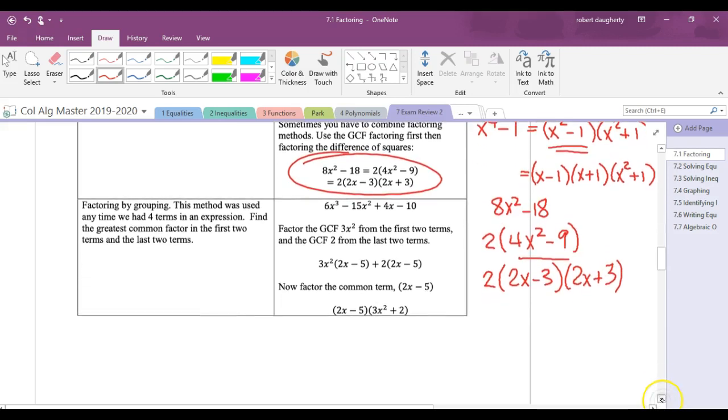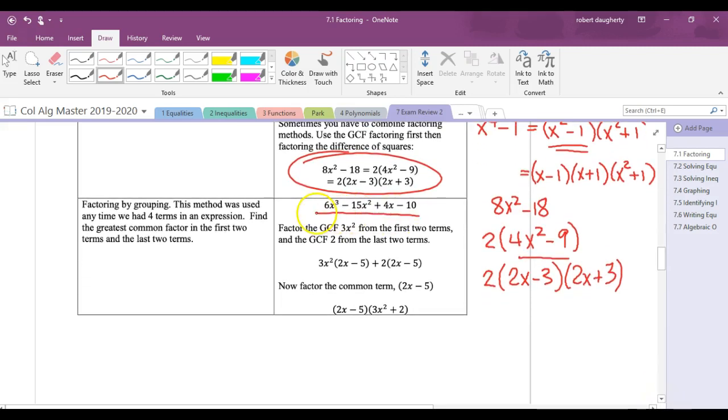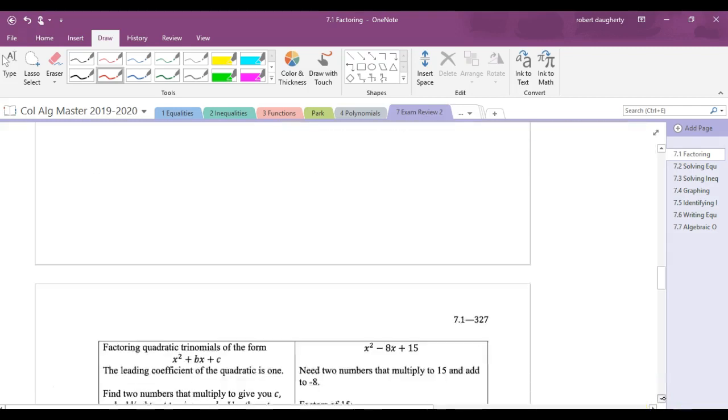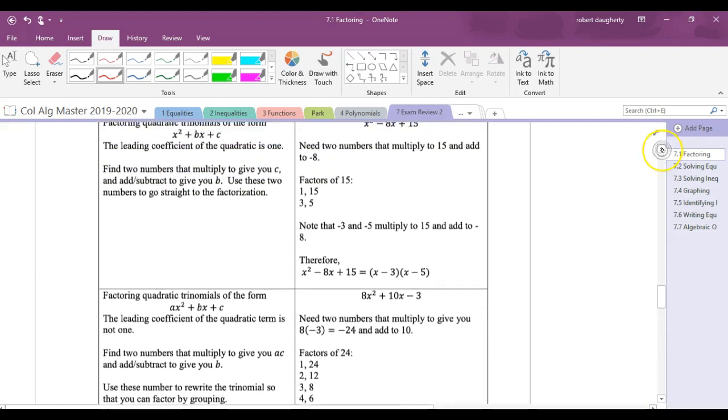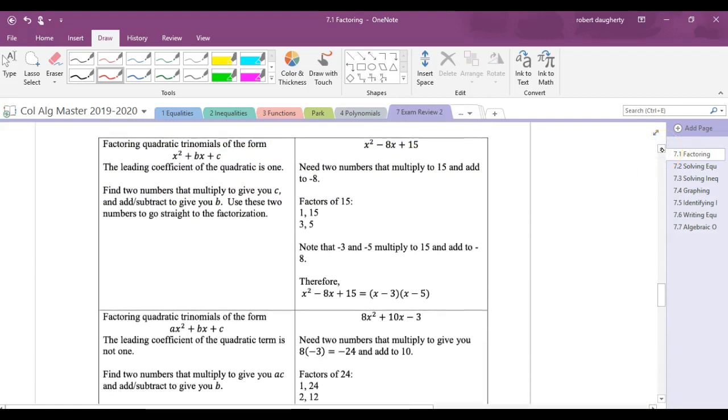Factor by grouping, we've done that quite a bit, so I'm not going to go through that here. We'll do a few exercises, but you should be very familiar with factor by grouping. And then the other thing that's come up repetitively in the course is factoring of quadratics. When you have something that looks like x squared plus bx plus c, the key is in front of the x squared is a 1. All you have to do is find two numbers that multiply to give you c and add to give you b.